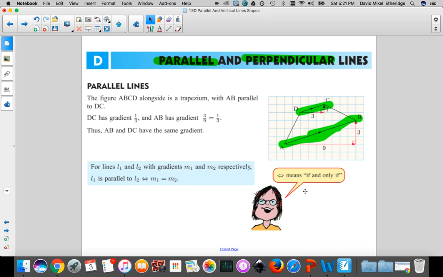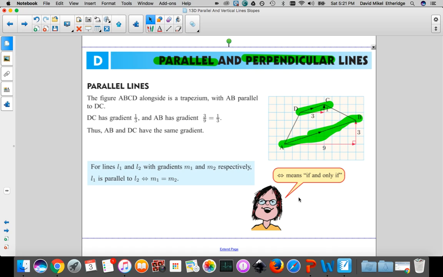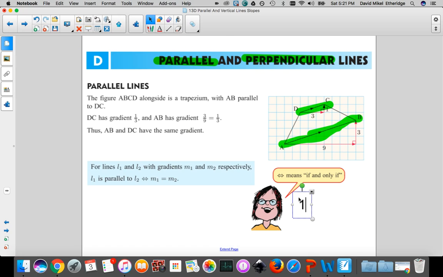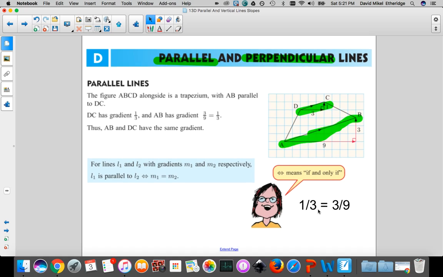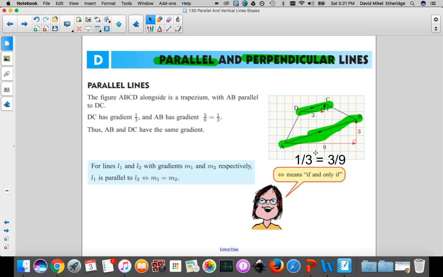So that's how we know they're the same, because 1/3 is equal to 3/9, and so they are indeed parallel. Lines L1 and L2 are parallel if and only if slope 1 equals slope 2. They need to have the same slope. 1/3 is equal to 3/9.